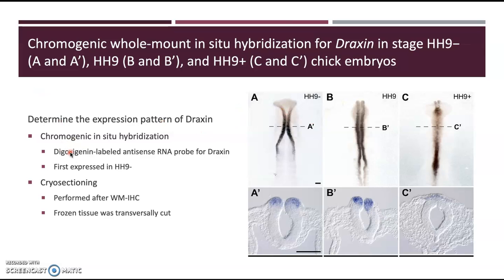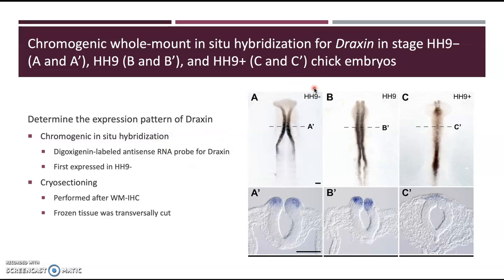And so they use a digoxygenin labeled antisense RNA probe to probe for Draxin, which was then visualized here. And it was determined that the first visible expression of Draxin happens in the Hamburger-Hamilton stage 9, which is pretty early on in the developmental stages.